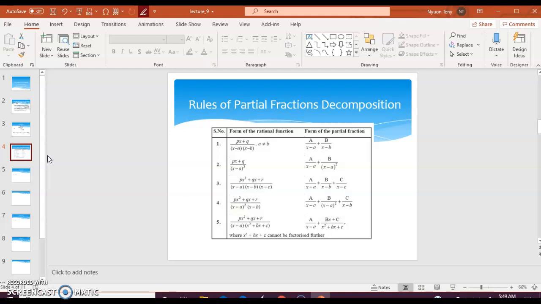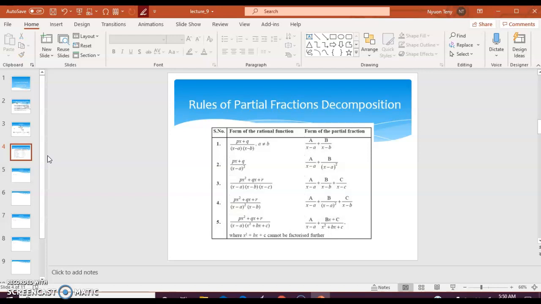Same thing here, if I have a repeated linear factor, px plus q over x minus a, my decomposition would be A over x minus a plus B over x minus a squared.